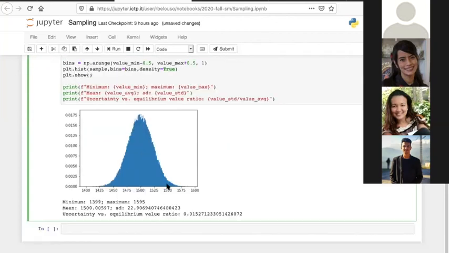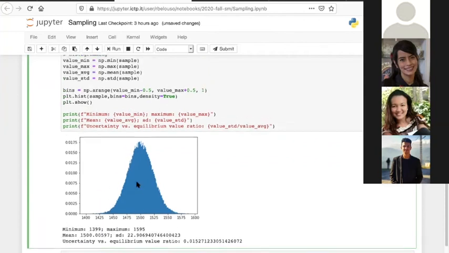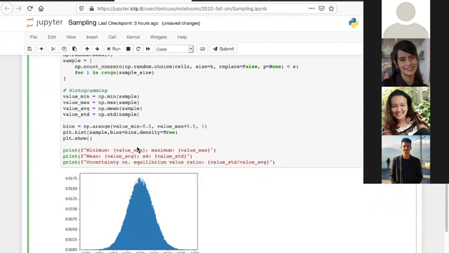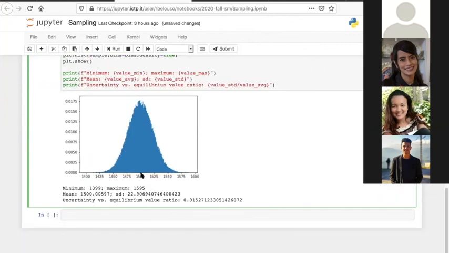Okay. Now I have the histogram, and you see it is already much more sensible. You see that we have split our system in two halves. And what would you expect? The most likely state is when half of the system has half of the energy.